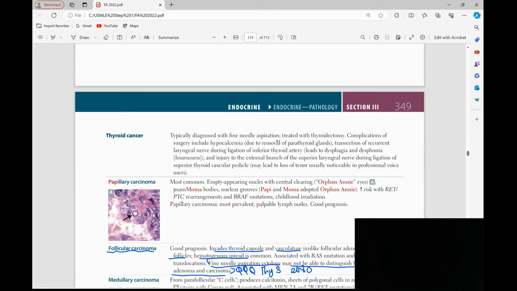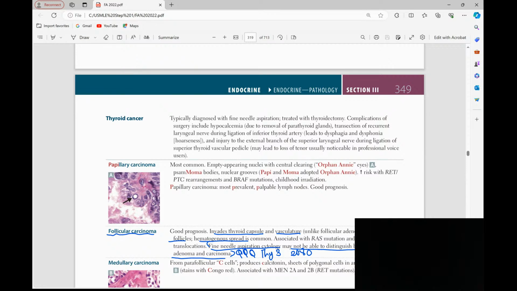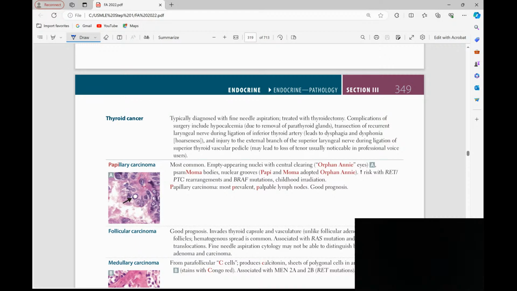Now we'll go with thyroid cancer. Thyroid cancer is detected with fine needle aspiration.